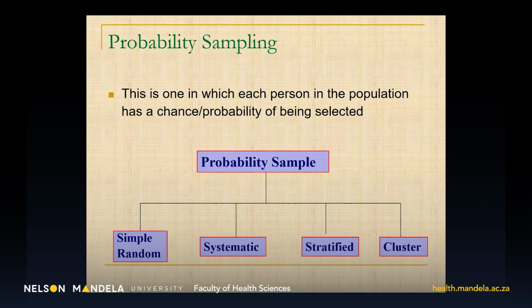Please remember these, because for masters, PhDs, postdoc, when you start your project and want to sample, you need to know exactly the type of sampling approach that you will use. Are you going to go with simple random? Are you going with systematic sampling? Are you going to go with stratified or cluster? But there must be a rationale to that. So I'm going to go into more detail on each one of these and the reasons for using that particular sampling procedure. But we are under probability sampling now, random sampling.